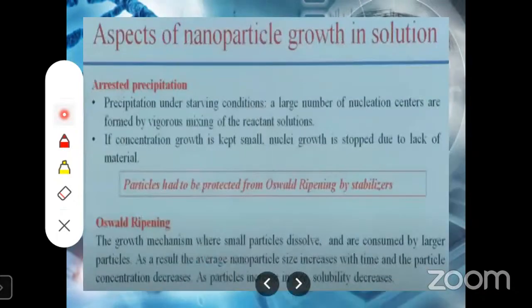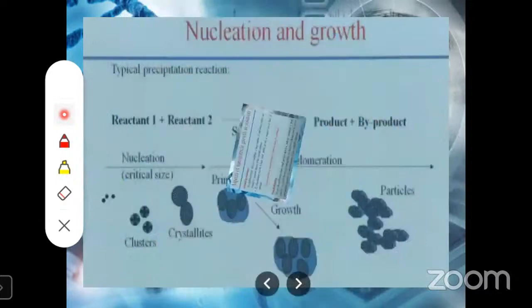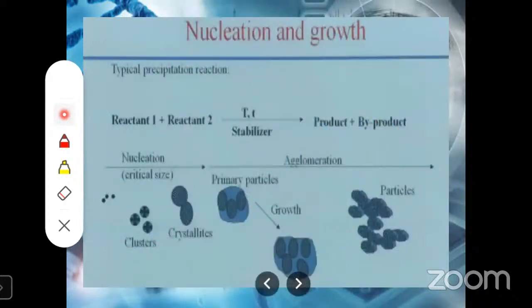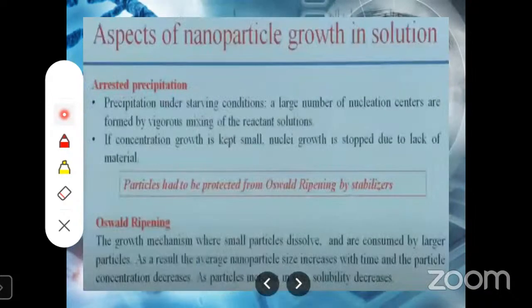Next, how can we achieve that by arrested precipitation? Here we have seen only nucleation by precipitation. How can we have an arrested precipitation method? So what is arrested precipitation? Let us know it clearly. Here a large number of nucleation centers are formed by vigorous mixing.